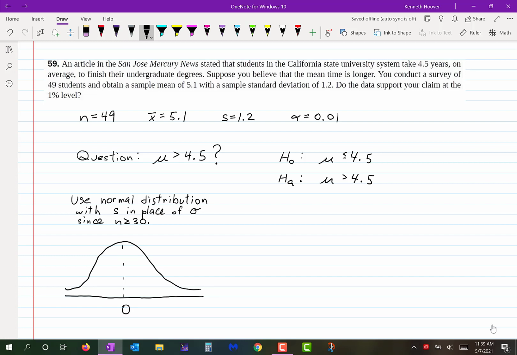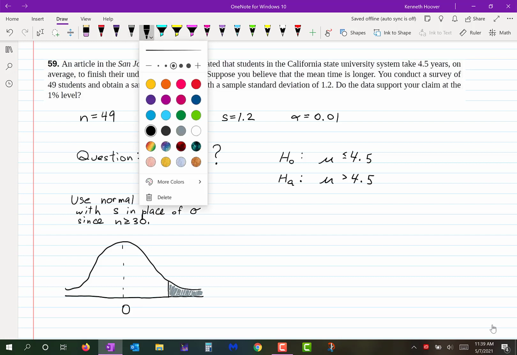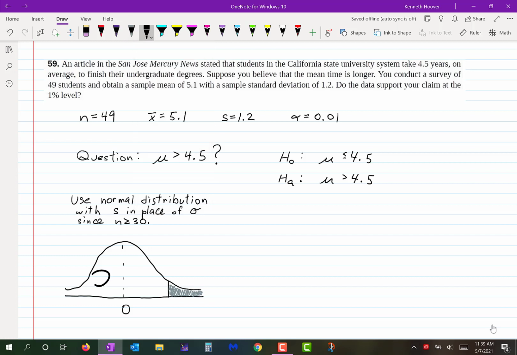All right, we're only asking the question, is mu greater than 4.5? So we only need to mark off the tail on the big end. So this is a one-tailed test. Our significance level is 1%. So this area here is 0.99.